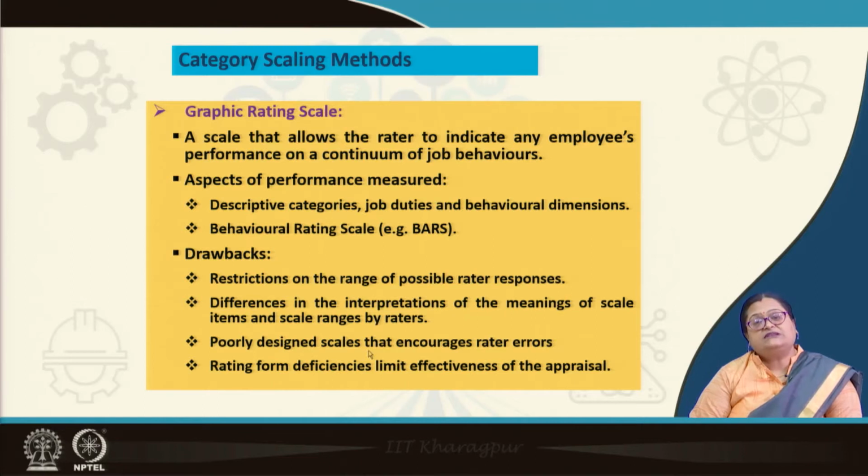First is the graphic rating scale. It is a scale that allows the rater to indicate an employee's performance on a continuum of job behaviors. The aspects of performance measured are descriptive categories, job duties, and behavioral dimensions.